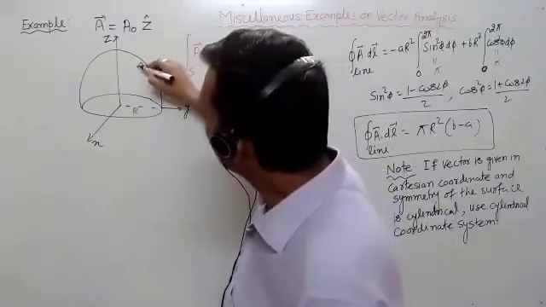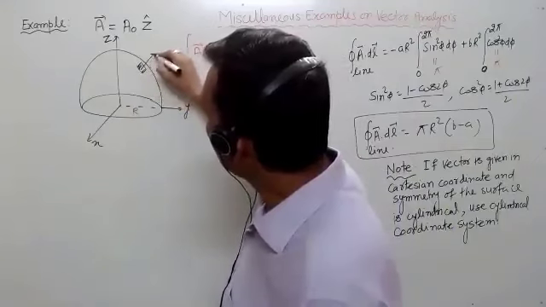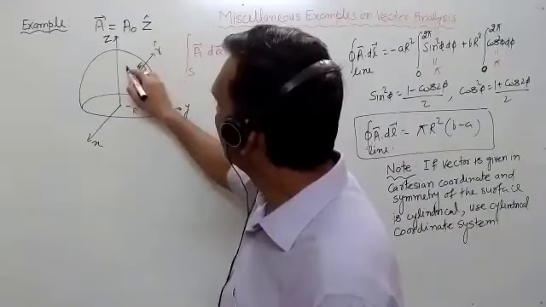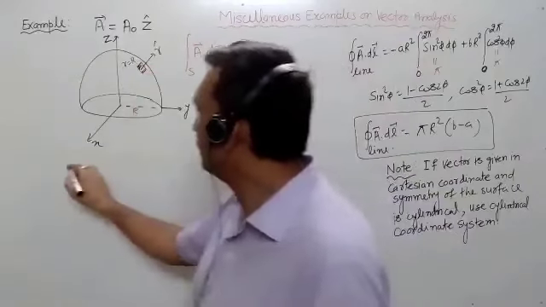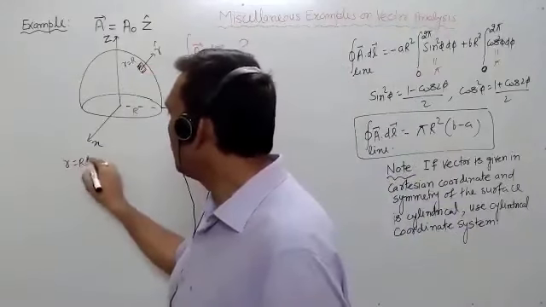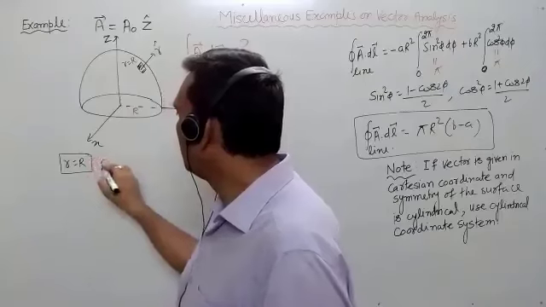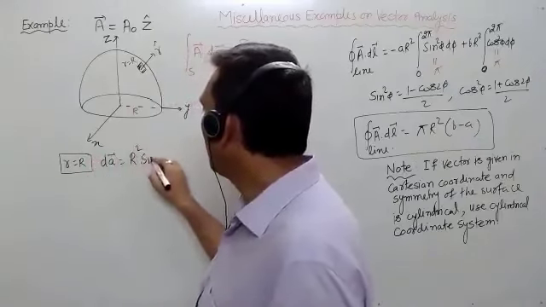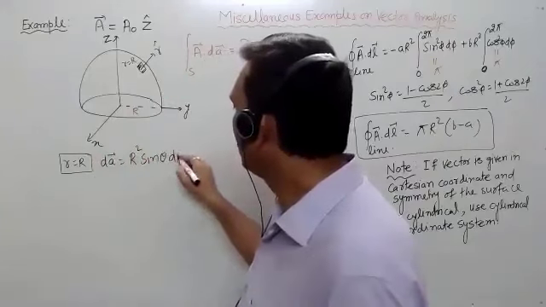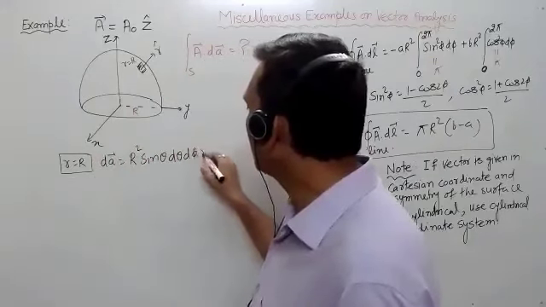In this case, this direction is R cap. So R is equal to capital R on the surface. On R equal to capital R, what will be dA? Capital R square sine theta d theta d phi R cap.